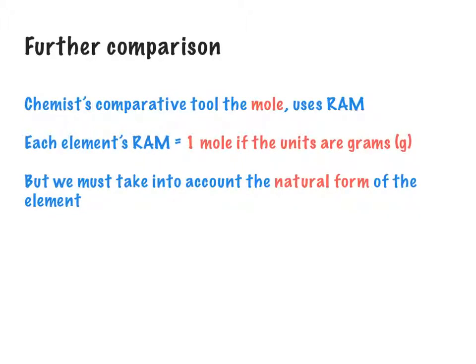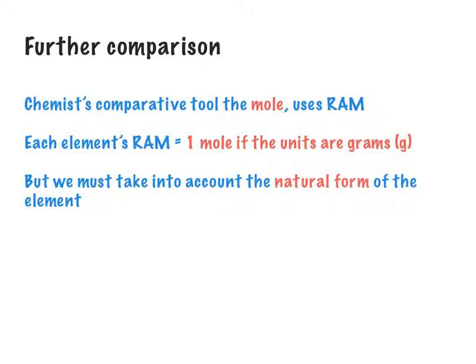What we actually use to make it a comparative tool that works really well in chemistry is the mole. It uses the relative atomic mass of the atoms or the elements in their natural state. So for any element, 1 mole is equivalent to the grams of substance expressed in relative atomic mass on the periodic table.